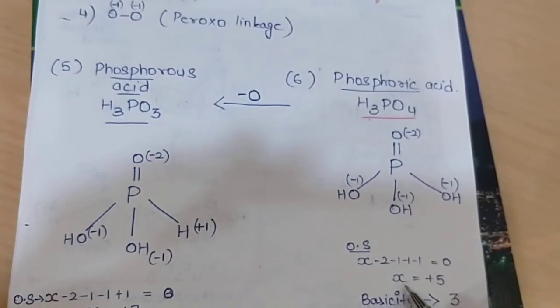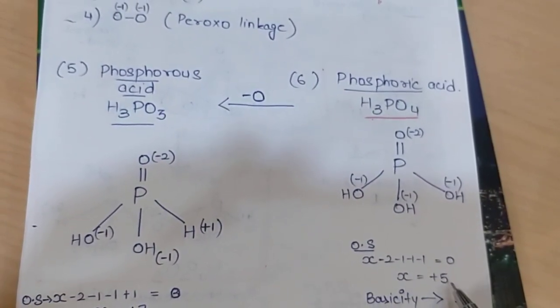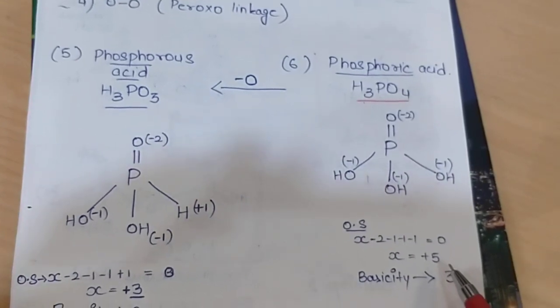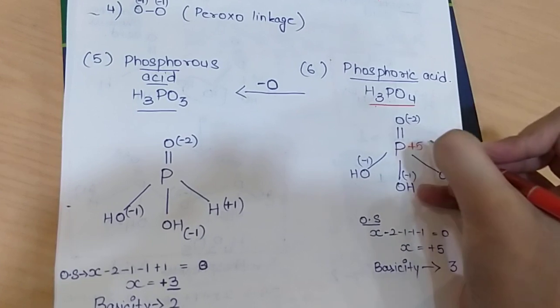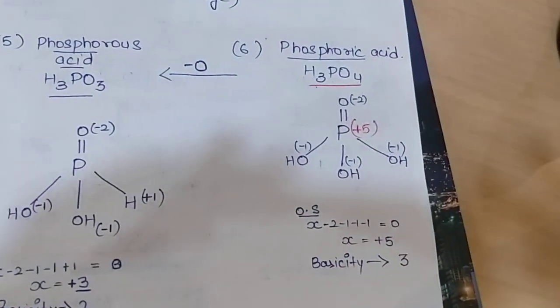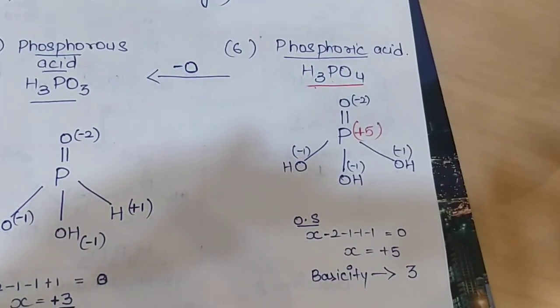So from here we can calculate the value of X, which comes out to be +5. So the oxidation state of phosphorus in phosphoric acid is +5.